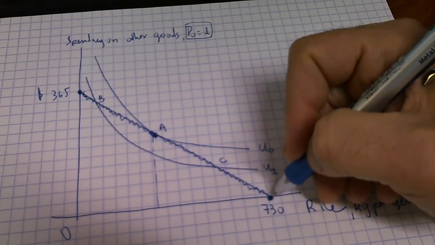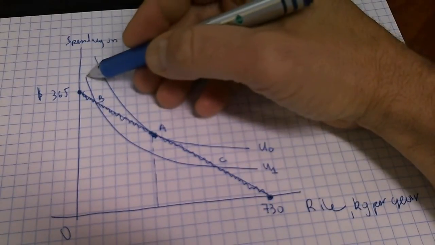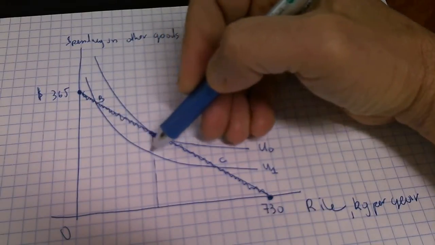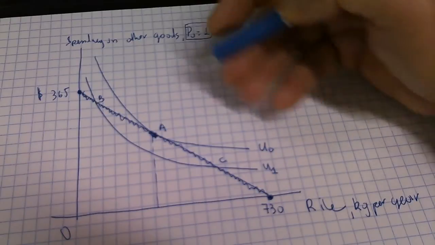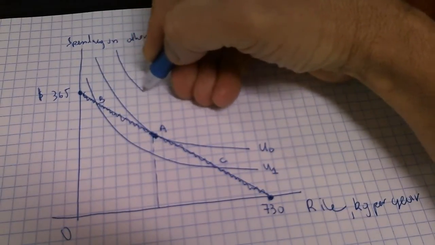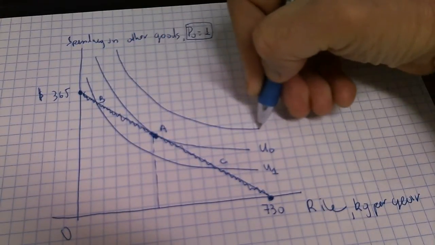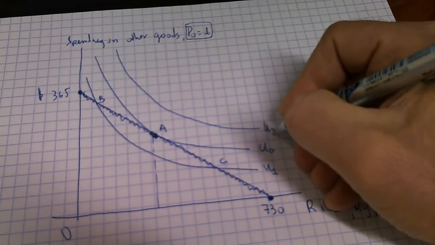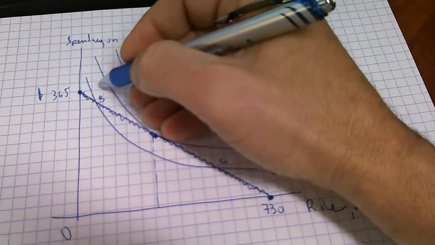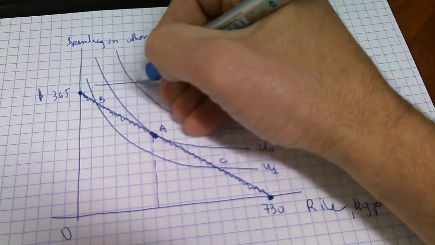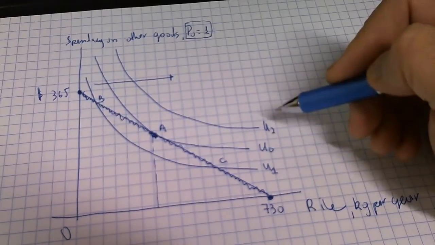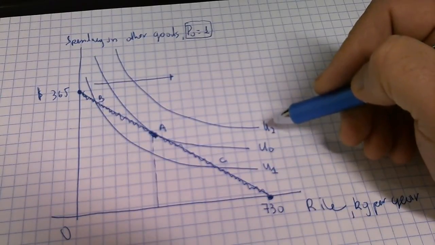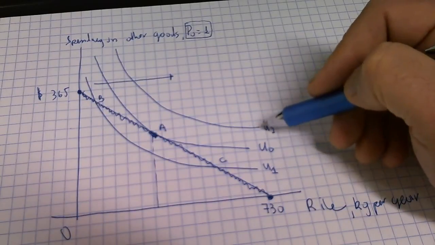So the consumer also has preferences. His preferences are shown by this indifference map. U1 is one, U0 is another, U2 is still another. The indifference curves show different combinations of the two goods that the consumer can consume and be indifferent between along the same curve, right?